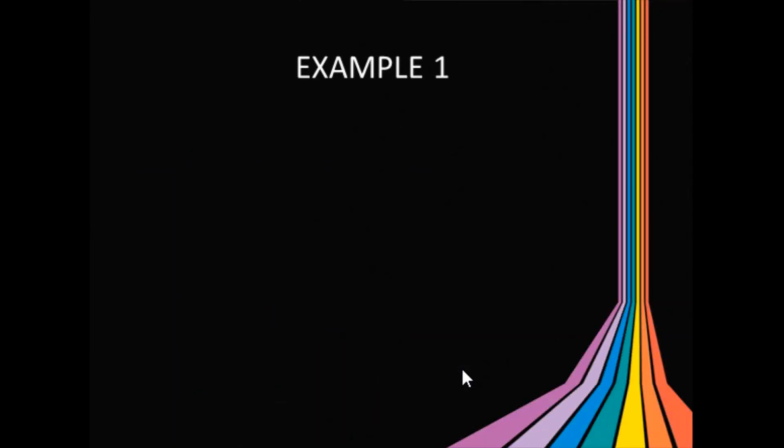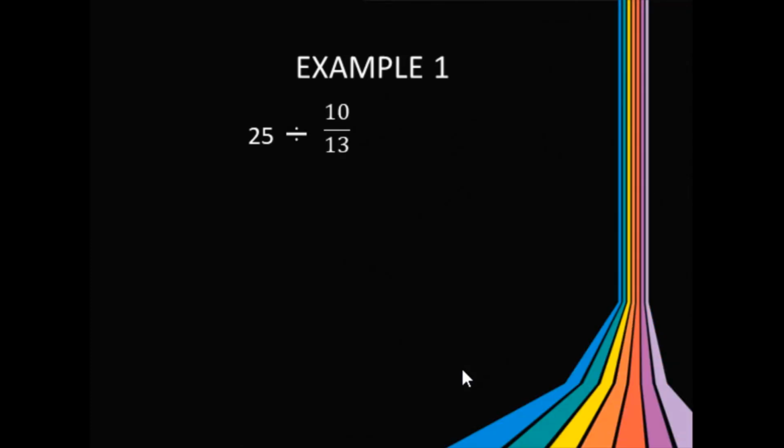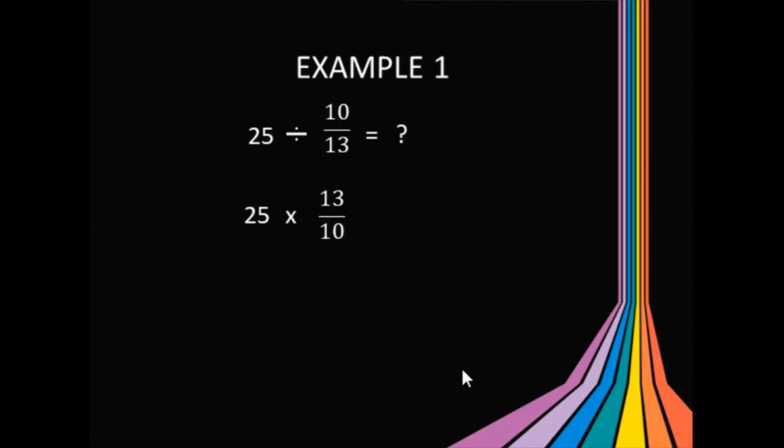Example 1. 25 divided by 10 over 13. Change to its reciprocal, we get 25 times 13 over 10. Upside down again. Multiply the numerators, but our 25 and 10 can be changed into lowest term. Their common factor will be 5.